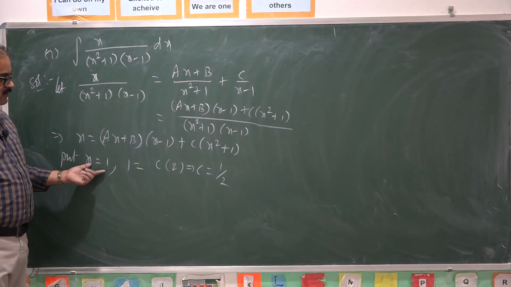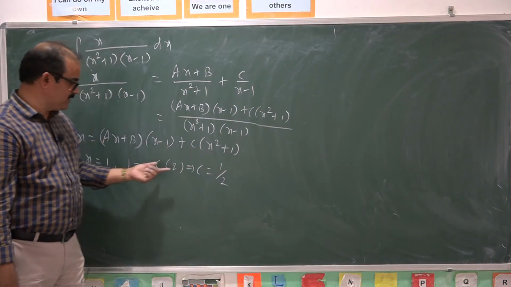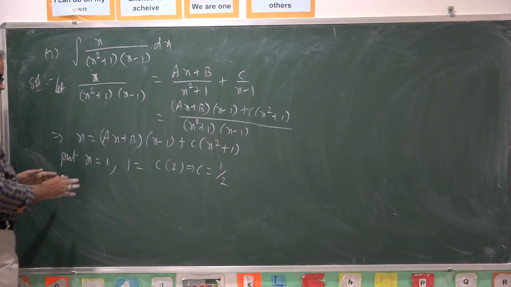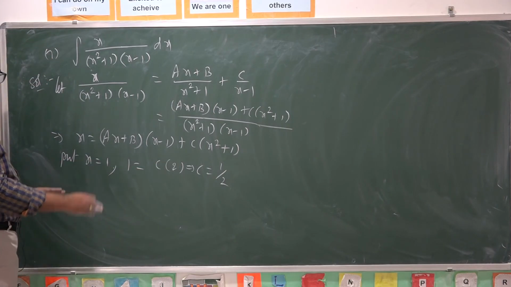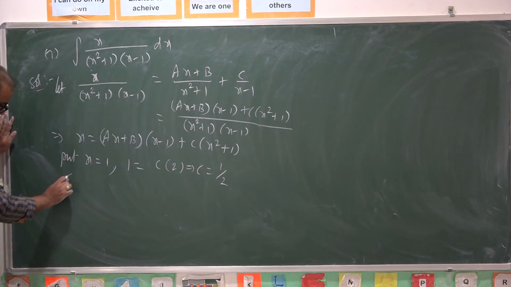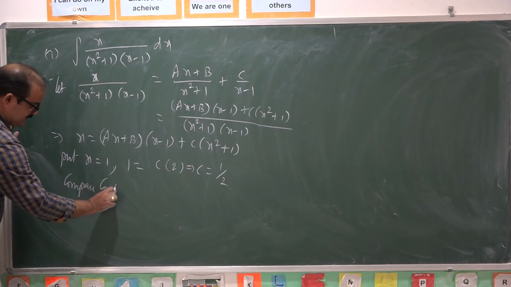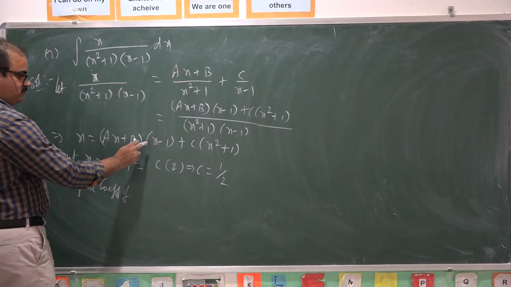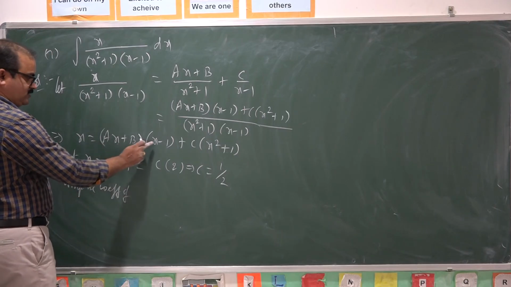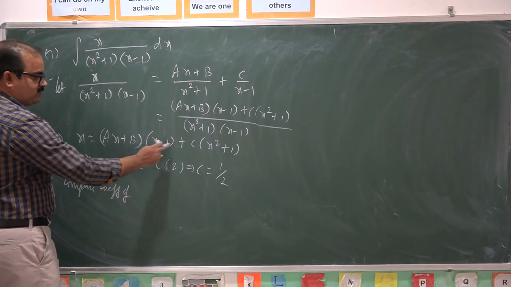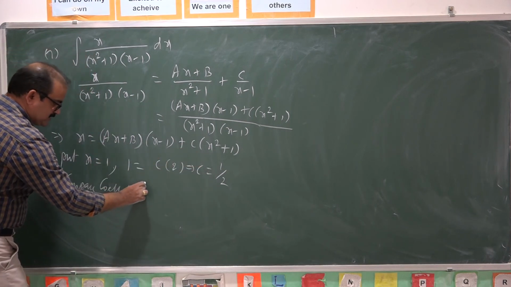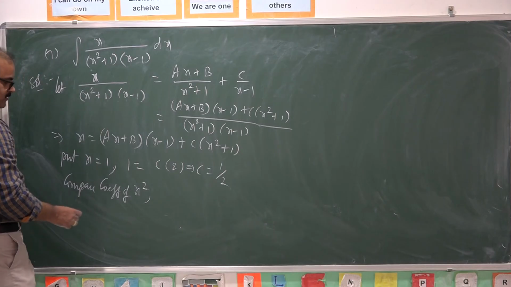Next, here there is no linear factor, so we can't give any value to x. In such cases, we do the comparison. Compare the coefficients of the highest power, x into x, x square in the first term. So compare the coefficients of x square on both sides.